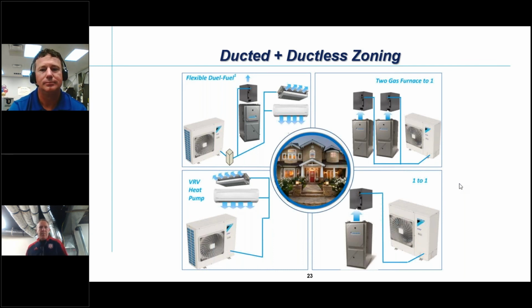Me and my wife are empty nesters. We heat a 2,500 square foot house, and we stay in one room the entire time. So that's where technology is going, not only to match the airflow with the desired conditioning of what space we're in, but to match the equipment as well, so that the energy consumption matches the heat gain or heat loss of the structure. That's the world we're trying to get to.